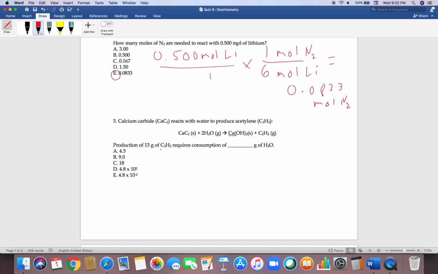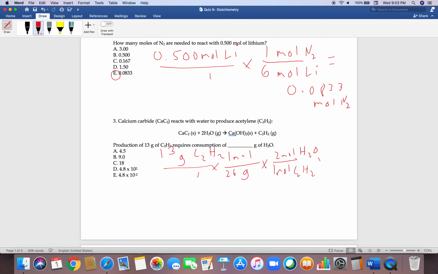So here this is one extra step than the last problem because we're asked to go from grams to grams. So we have 13 grams of acetylene. We know that 1 mole of acetylene is 26 grams because carbon is 12, 12 times 2 is 24, plus 2 for hydrogen is 26. Per the balanced chemical equation, we know that for 1 mole of acetylene, we need 2 moles of water.